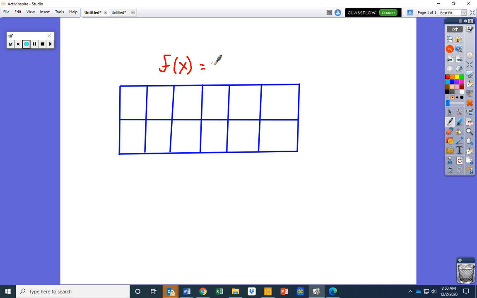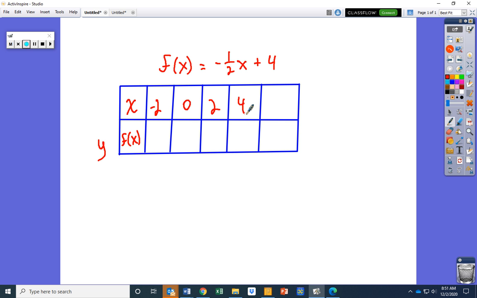So I have function of x equals negative 1 half x plus 4. Here's my x value, and here's my function of x. And remember, what is my function of x also known as? My y value.